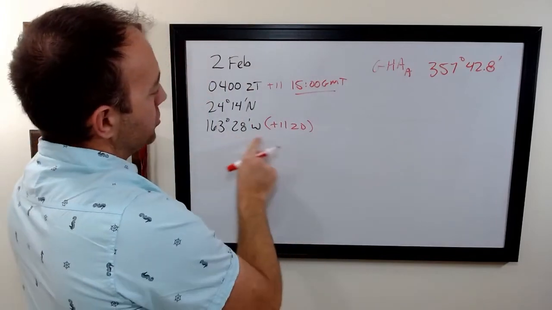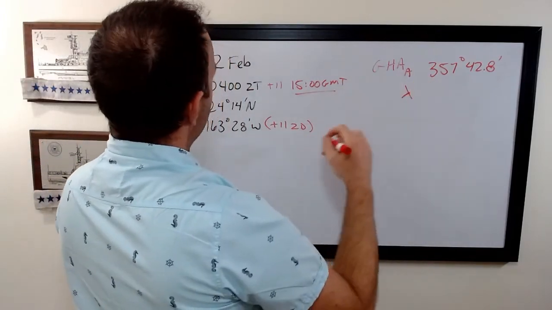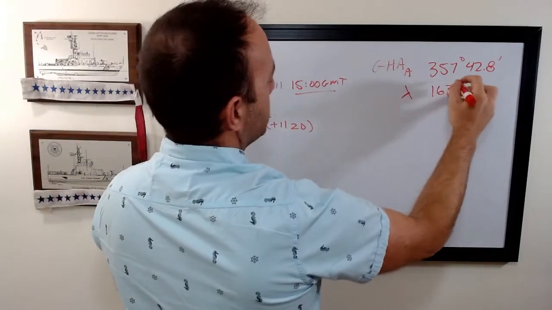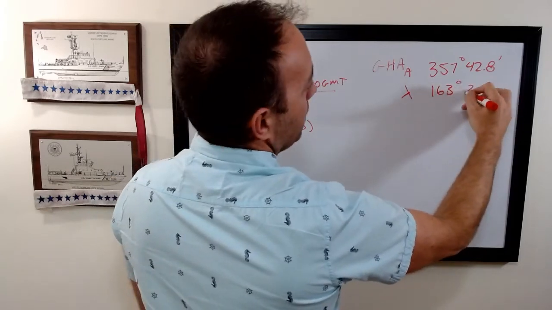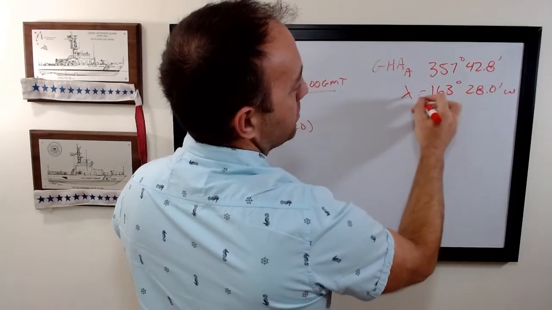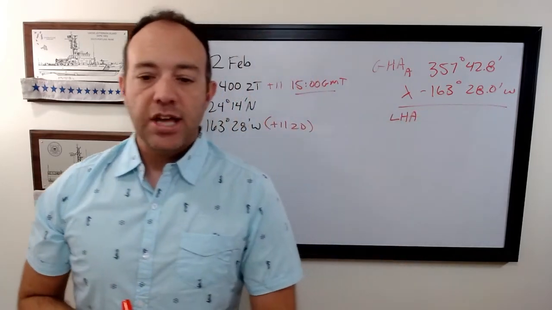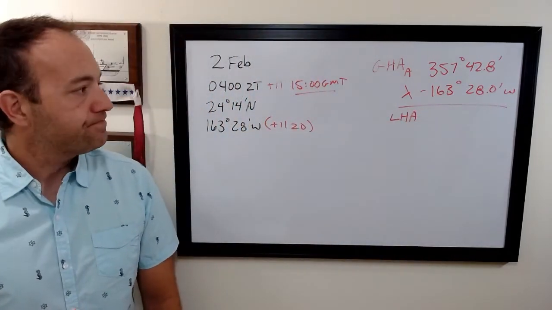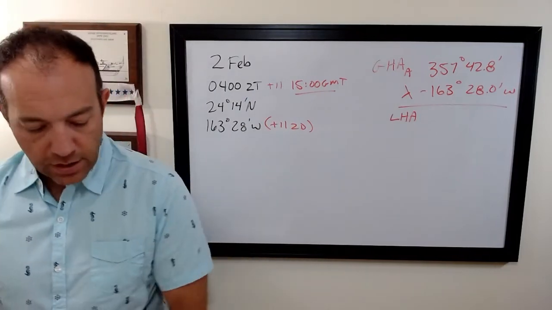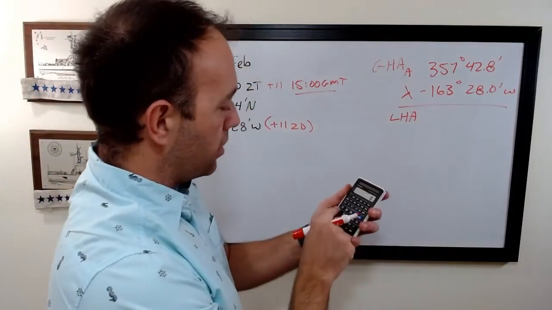And then our longitude over here was 163 degrees 28.0 west. So we have to subtract it to get LHA. Remember, LHA is GHA minus longitude. All right, so that's worth the calculator for sure.